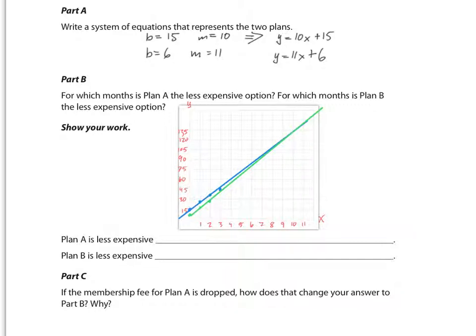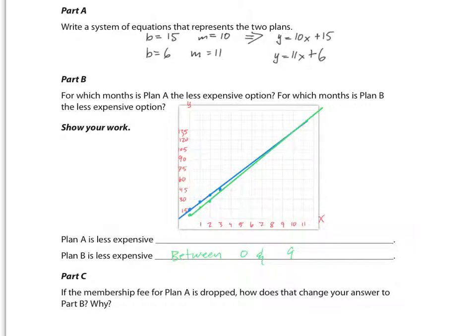Now you can see that at the beginning, line B is going to be cheaper. So B is going to be less expensive between 0 and 9.